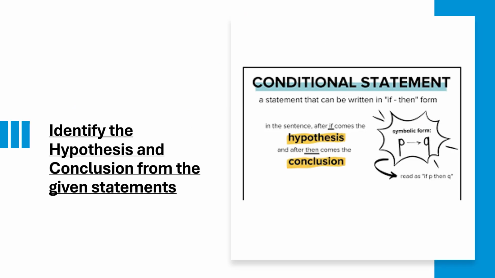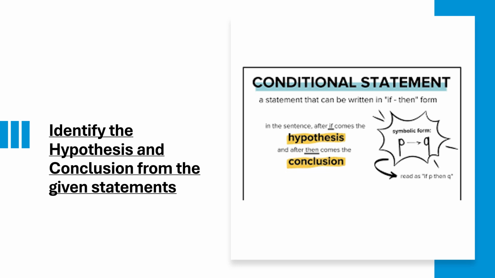Now let's try to do the other part of the topic. They might ask you to identify the hypothesis and conclusion from the given conditional statement. Any statement which is written in the form of a conditional statement consists of two statements, right?